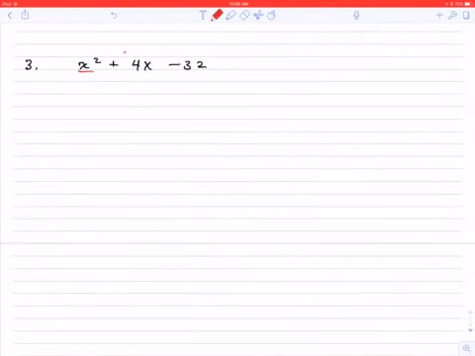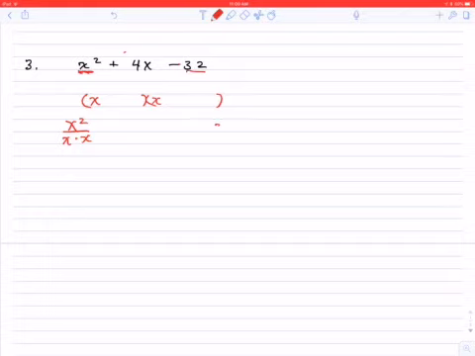All right, so to factor the trinomial x squared plus 4x minus 32, we want to break it into a binomial times a binomial. So factors of the first term of x squared, it's just x times x. Now we need factors of the last term.